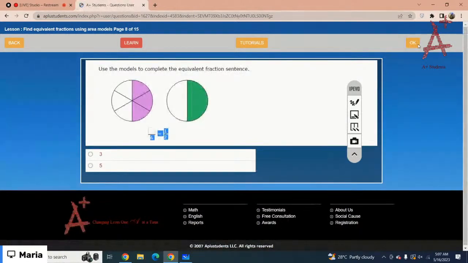Okay, you can complete the test by yourself later today. Let me just move on to. Okay, let's just do 2 more. Use the models to complete the equivalent fraction sentence. So which is the correct option?